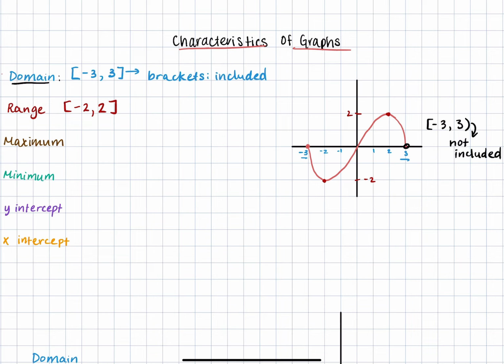Your maximum is basically the highest point on the graph, the highest point on the function. So what is the highest point on the function? We're looking for the highest peak, and we see that right here.